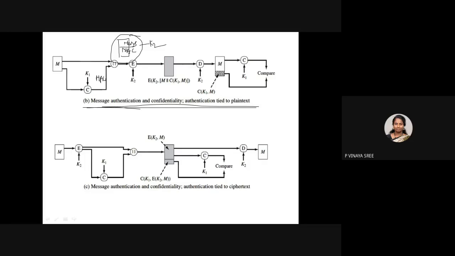What will the receiver do? See what we have done here. K1 comma M gives the MAC, and along with this we appended the plain text message.